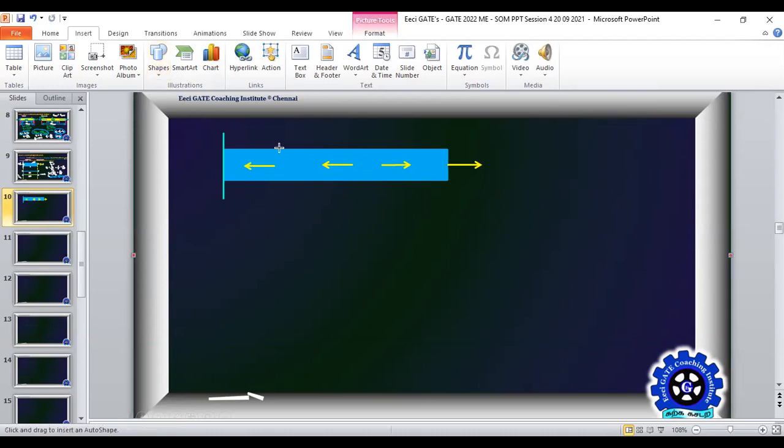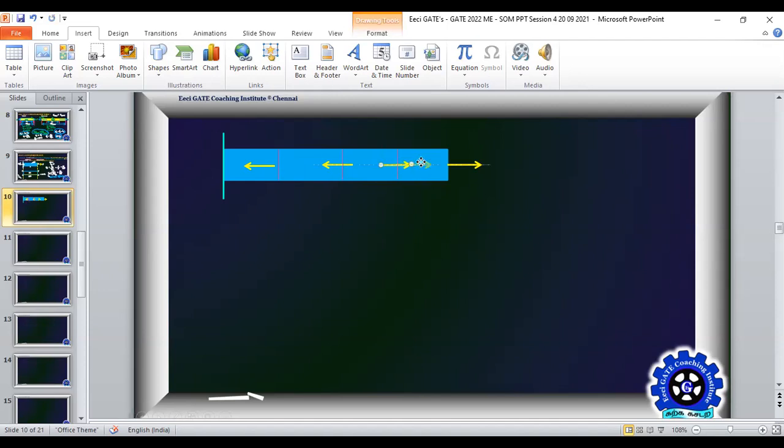Now we can say that here is one member, but this is another member. Maybe here you can keep it equally, and this member will be somewhere here. All are having the same length.